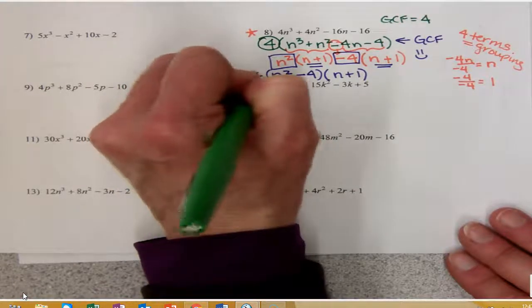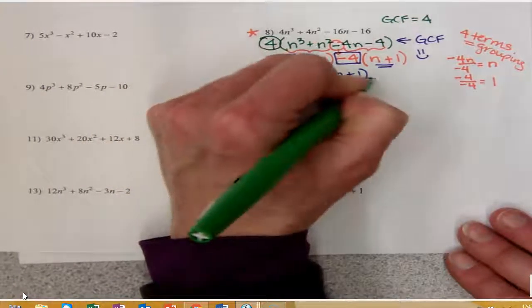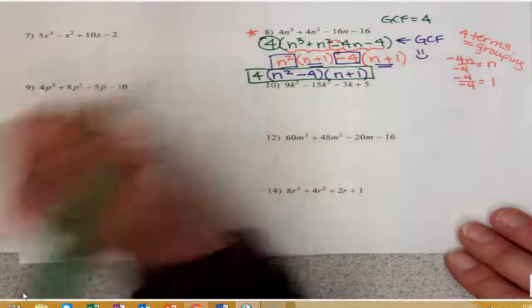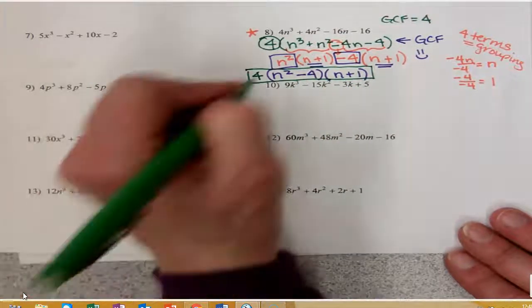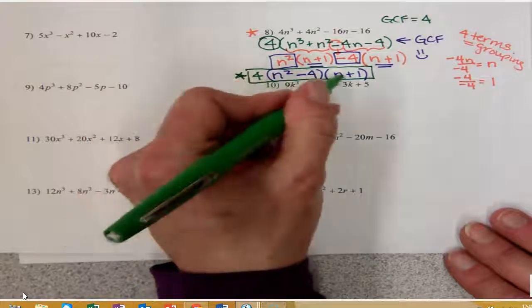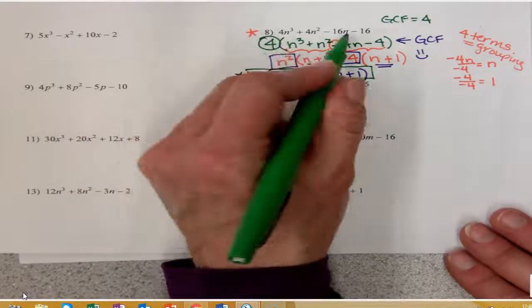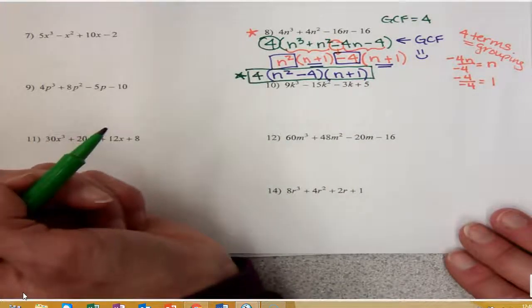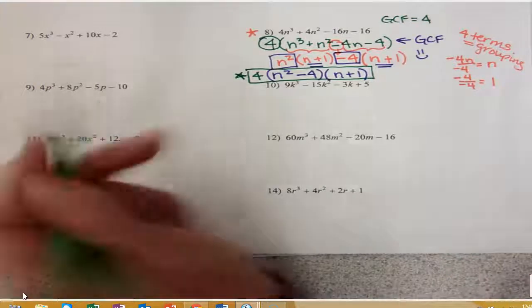I need to make sure I bring him into part of the answer. So this whole thing, I've got 3 terms that multiply to give me this in its very prime form. Okay?